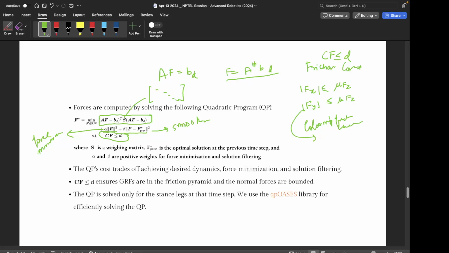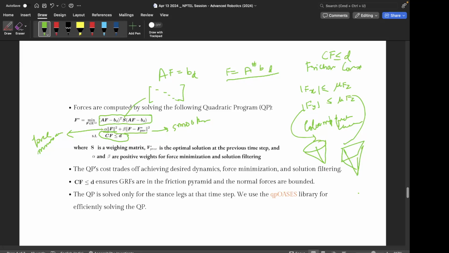And with this approximation, usually it's a friction cone, right? But this one is a friction pyramid. The friction cone would lead to non-linear constraints. In order to linearize the constraints, because a quadratic program should have a quadratic cost function and linear constraints, the Coulomb cone constraints are approximated as a pyramid, using the absolute value function.